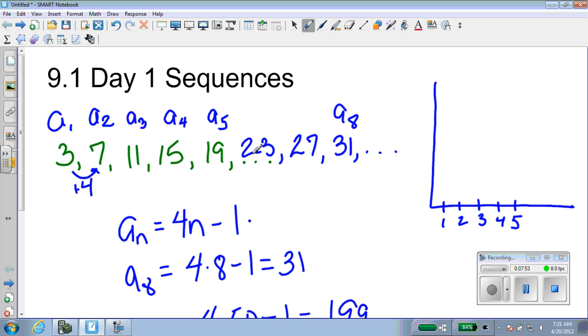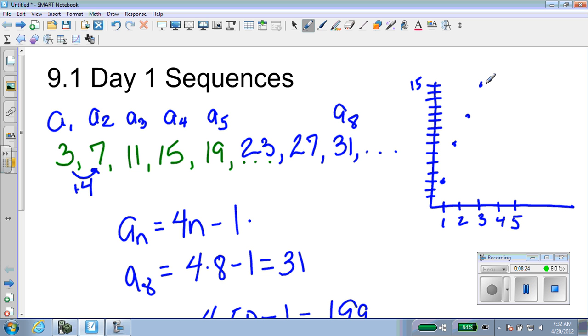And then the actual value of that term would go along the y-axis. So the first term is 3, and the second term is 7, and the third term is 11, and the fourth term is 15.